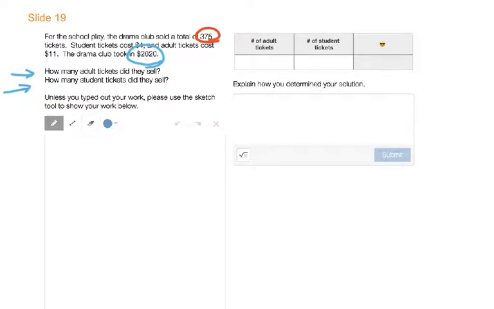You can use X and Y, or you can use A and S. So I'm going to go ahead and use A for adult tickets and S for student tickets, just because it's easy to represent them with the variables that I'm given, A for adult, S for student.